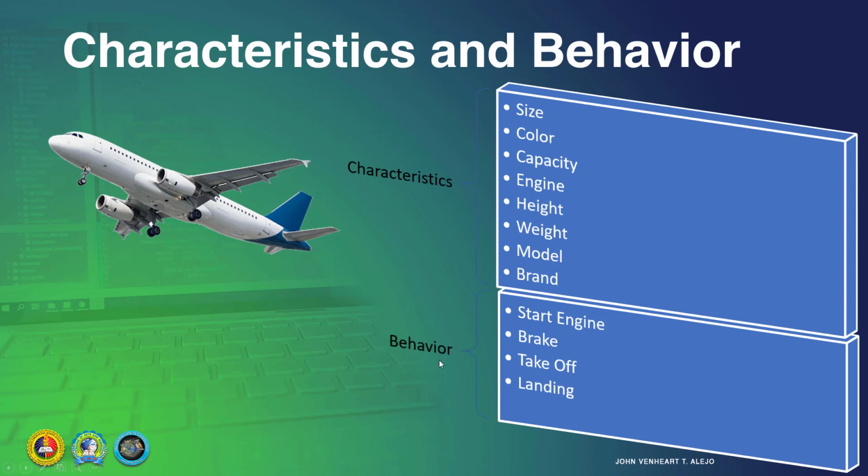Now this is the behavior: what this object does. It can start the engine, brake, take off, and land. These are the things that this plane can do. That is the behavior. Every object can have these characteristics, depending on what objects you are going to work with.